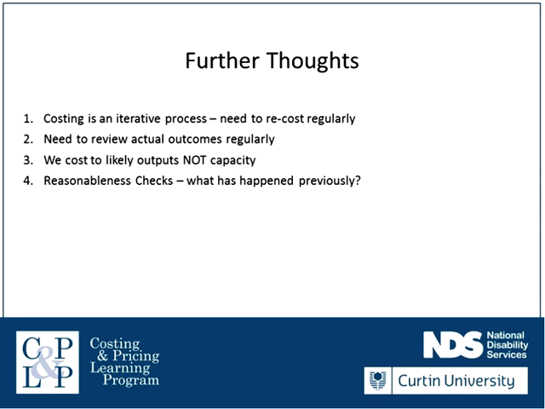We need to, of course, review the actual outcomes regularly. So a costing process is, of course, a forecasting process. It's what actually happens that's important, and we need to come back to that all the time. Thirdly, we need to remember always to be costing to likely outputs, not capacity.